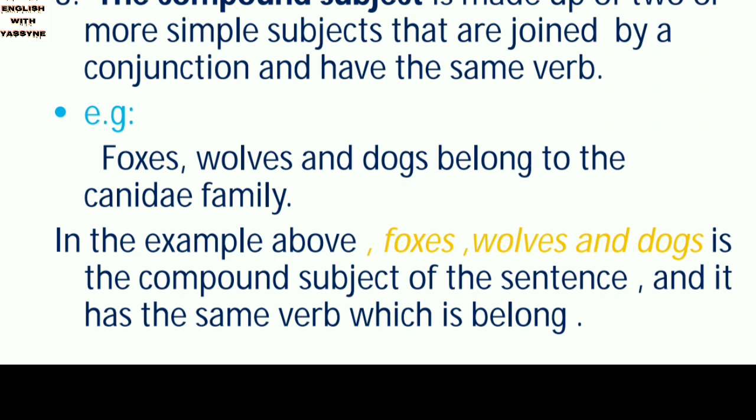They are considered a compound subject, separated by commas and a conjunction. So in the example above, foxes, wolves, and dogs is the compound subject of the sentence, and it has the same verb, which is belong. They should have the same verb. If they have different verbs, we are not talking about a compound subject, and it's another story, and we're gonna talk about another sentence.